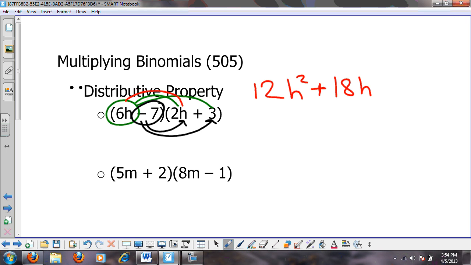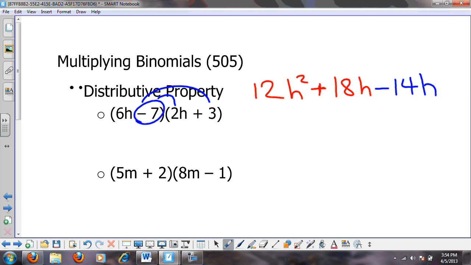So we've taken care of our 6h. Now we're ready to take care of the -7. So -7 times 2h. Well, -7 times 2 would be -14h. And then -7 times 3 would be -21.